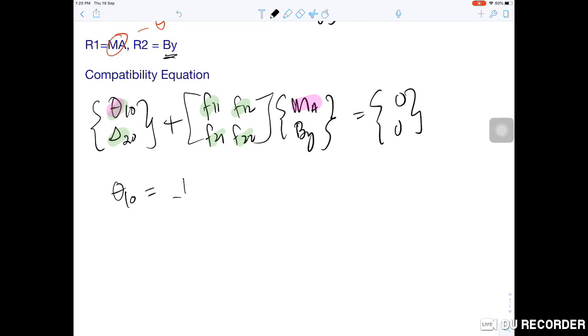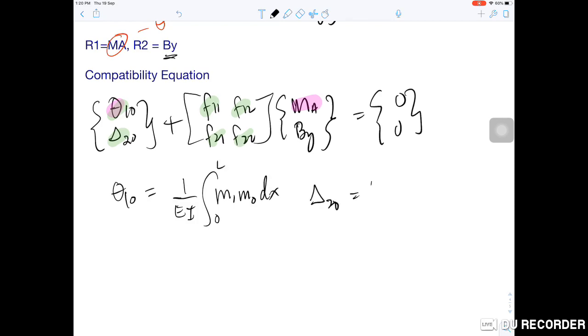The formula is like this: 1 over EI from 0 to L. Look at the notation that we use: 1 naught means M1 times M naught, from the two systems, dx.